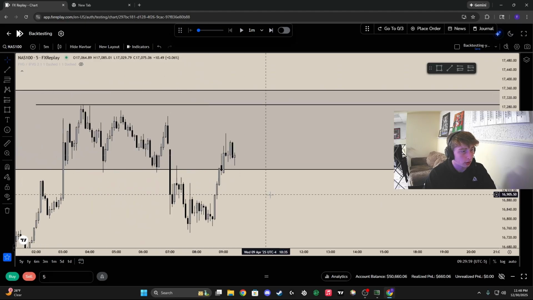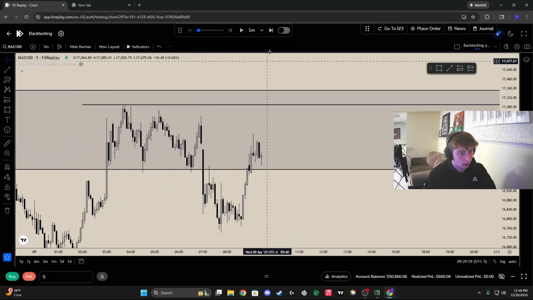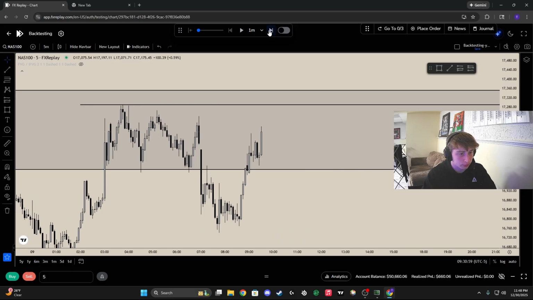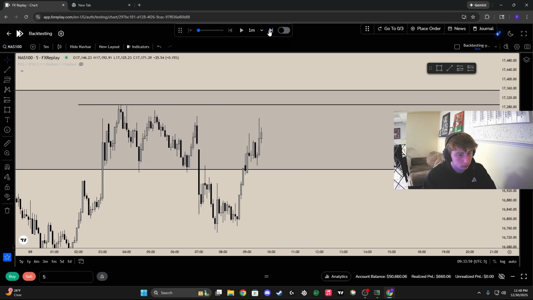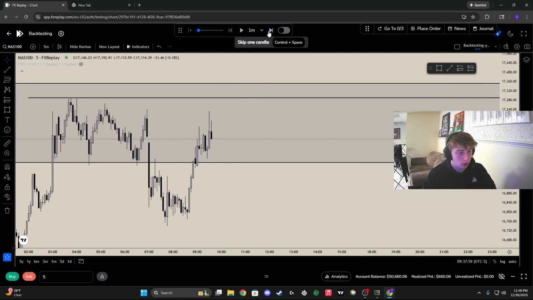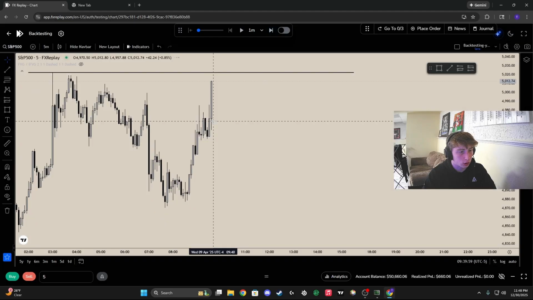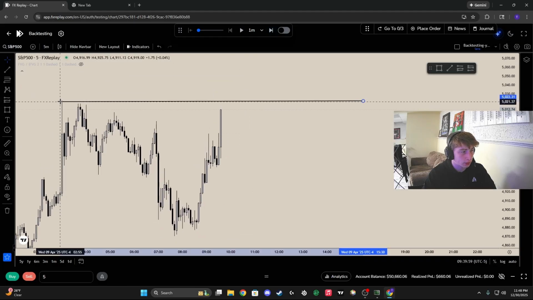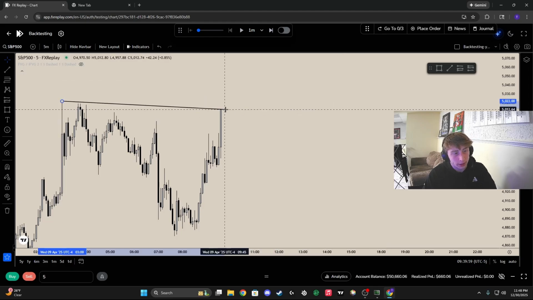Let's go to the 5-minute. So we really want to see us come back up into these levels and just keep pumping down. Okay, so we hit that level, and we have a SMT. The 3 o'clock candle did not hit it.